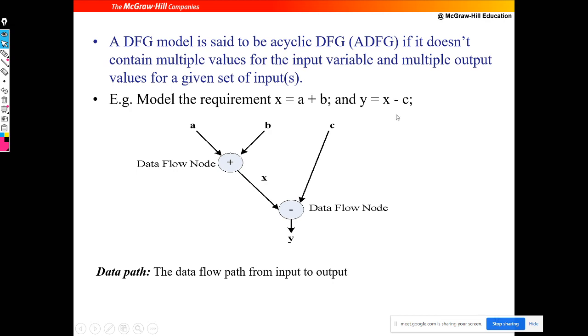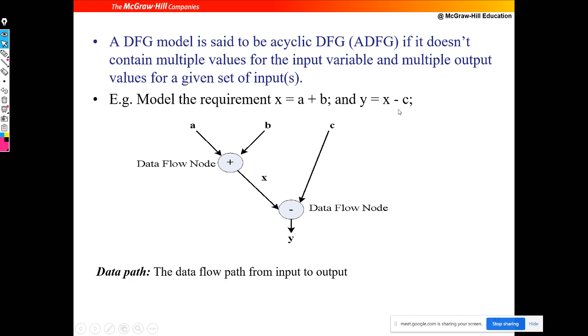This can be represented as a data flow graph, where each node represents an operation and the edges represent your variables. So you represent x equals a plus b like this: the two edges are a and b, the node is the addition, and the output edge becomes x.